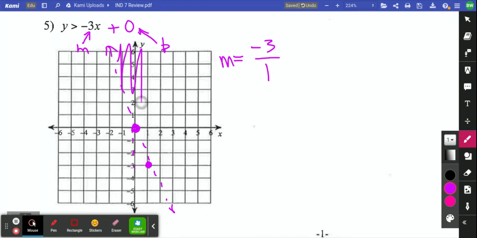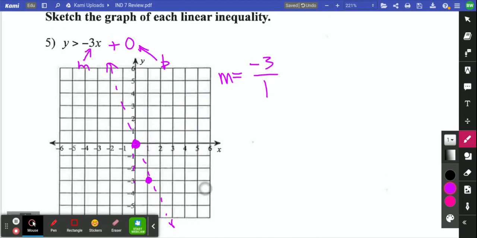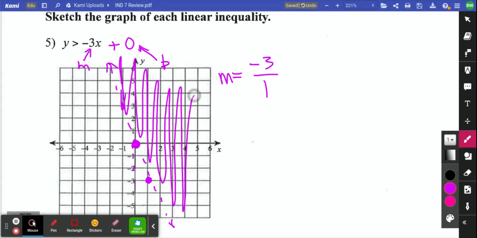So shade above. Why did my shading go away? Guess we'll put it on again. And that's it. Okay, so let's look at the next few.